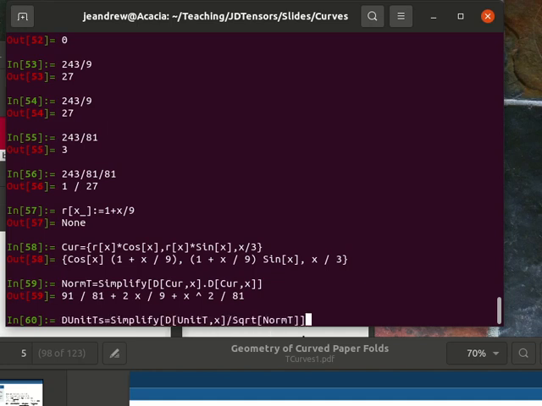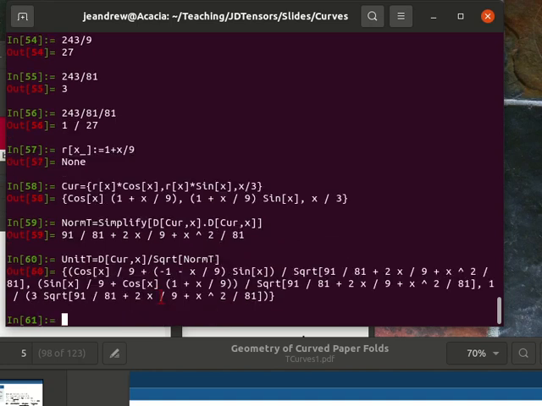Yeah, then I went and defined my unit vector t as d, the curvature, divided by the square root of its norm. Okay? And there it gets a bit messy, but this is basically my unit vector t.